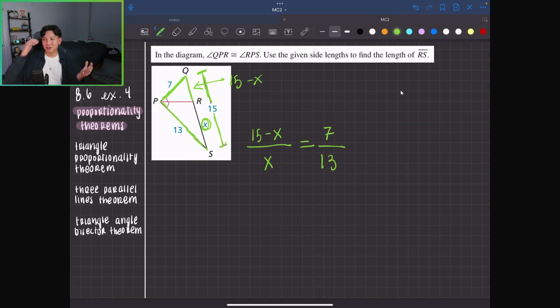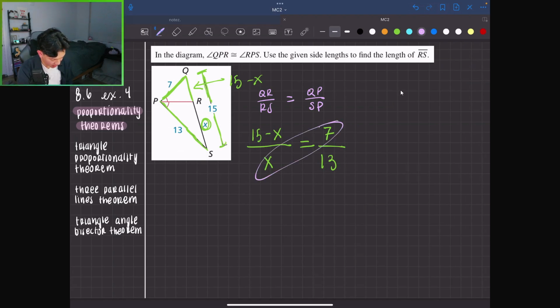So now all we have to do here is just cross multiply and then find out what the missing value of x is going to be to find out RS. Again, where did we get this from? This is just QR over RS is proportional to QP over SP. Okay, cool.